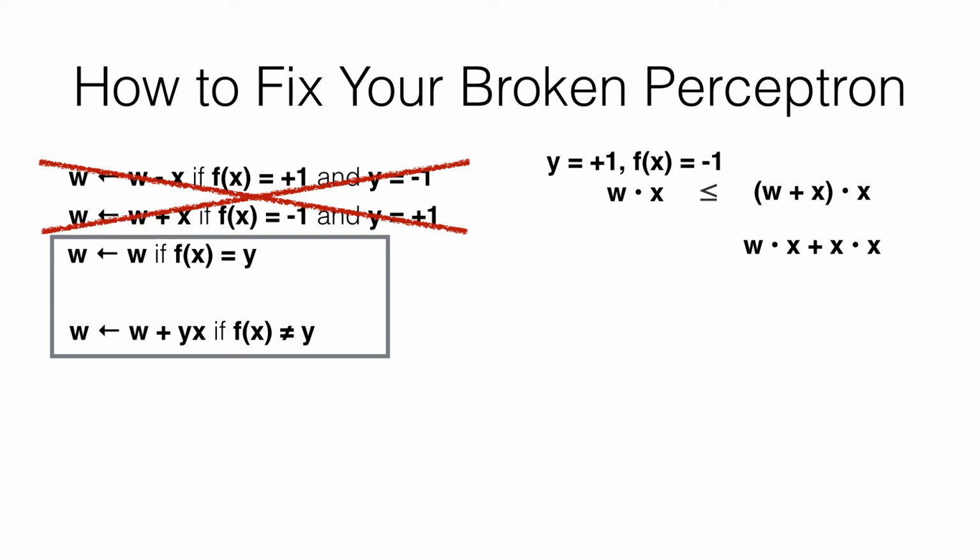And x times x is always non-negative, and it is always positive when x has some non-zero entries. Otherwise, it's 0. So that's great news, right? We've now shown that this recipe step does in fact increase the score of your perceptron on that one example.